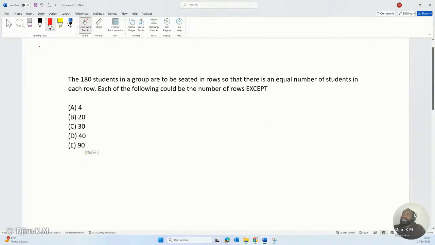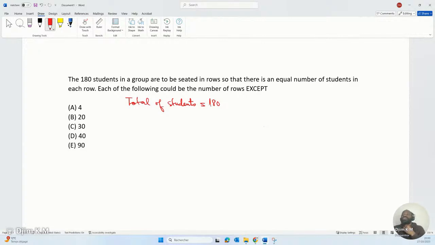So we have 180. So the total number of students is equal to 180.